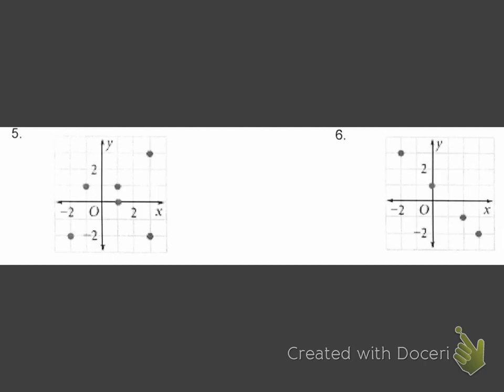So let's take a look at number 5. Let's look at all of our different coordinate points. So at -2, we just have the one coordinate point here. At -1, we have this coordinate point up top. At 0, we don't have any coordinate points. At 1, we have 2 coordinate points. Uh-oh, that gives us a problem.